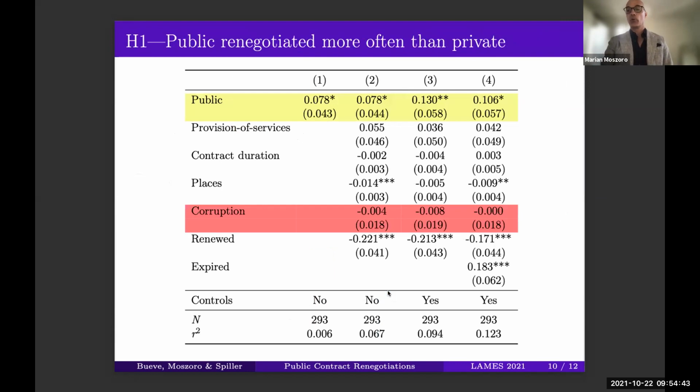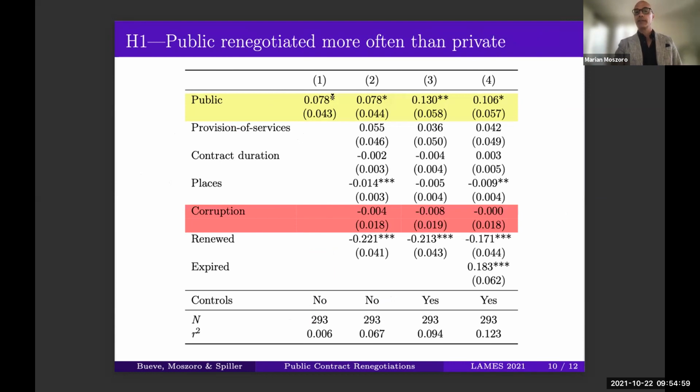When we check more robustly with the data, here are the results of our regressions. The first hypothesis was that public contracts are renegotiated more often than private contracts.